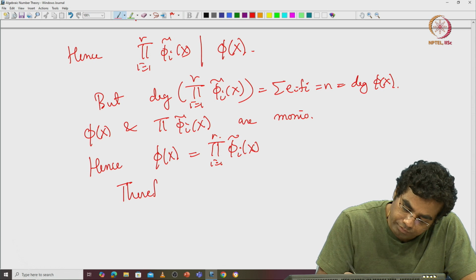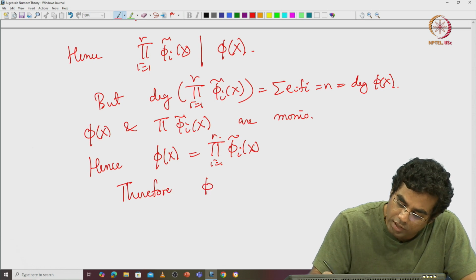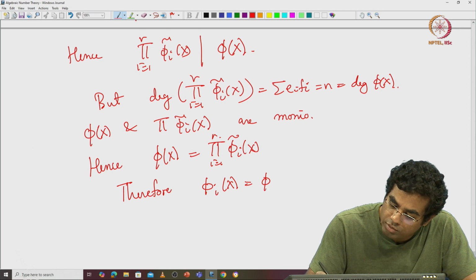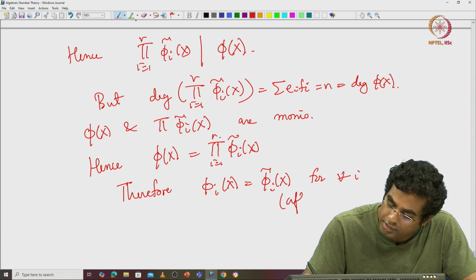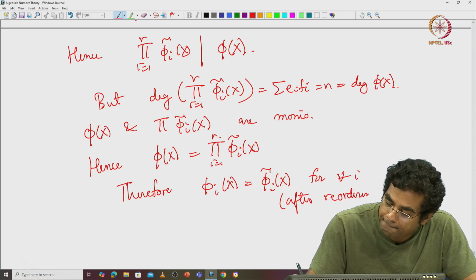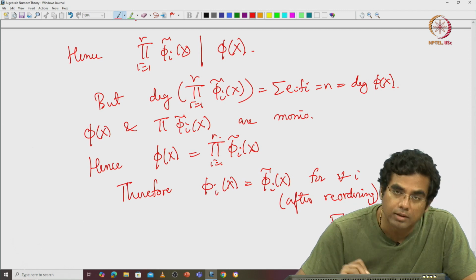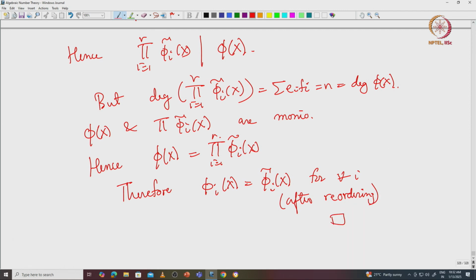Therefore, you cannot have two factorizations into irreducibles, right, for all i. This is after reordering if required. Okay, so that is how you prove this theorem.